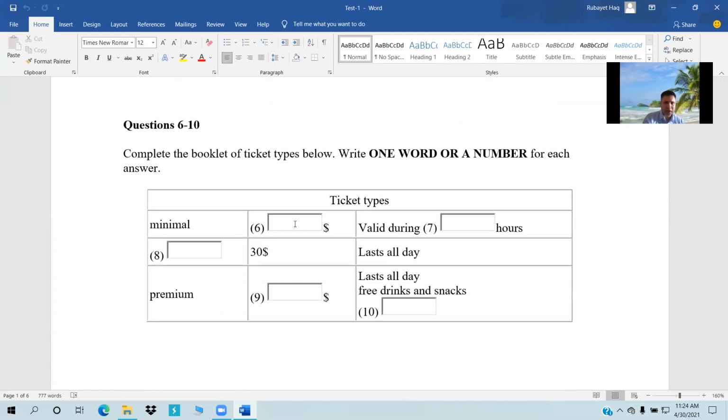For 6 to 10, here again, the dollar sign is given over here. So again, here the instruction is 1 word or number. So in this gap, you will put 1 word or number. You can already think that there will be a number over here, because this is a dollar sign. Again, there is a dollar sign here, a number over here, and before and after the gap, the number 7, valid during and hours.